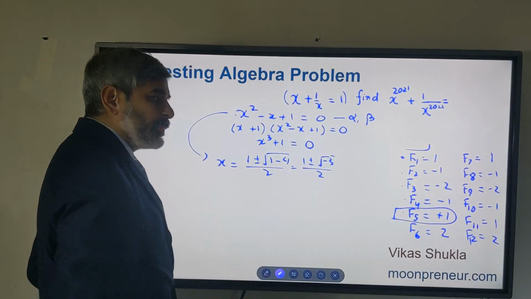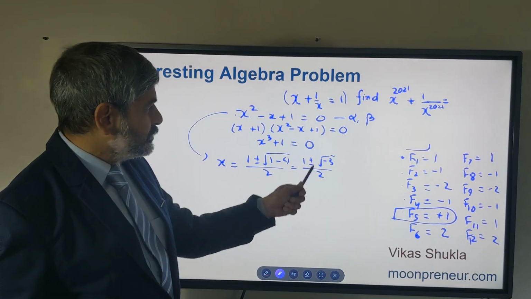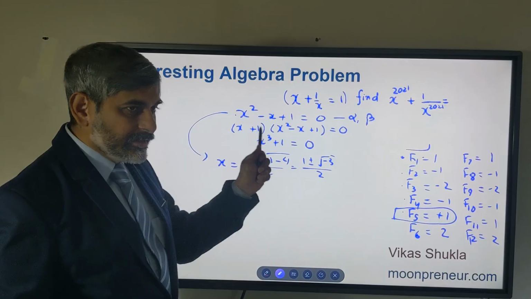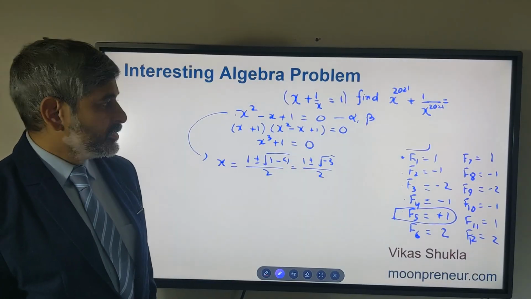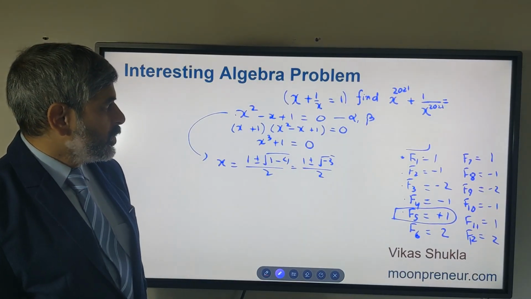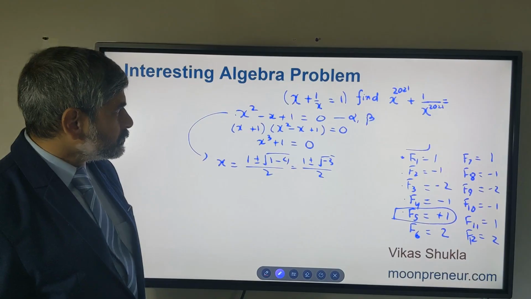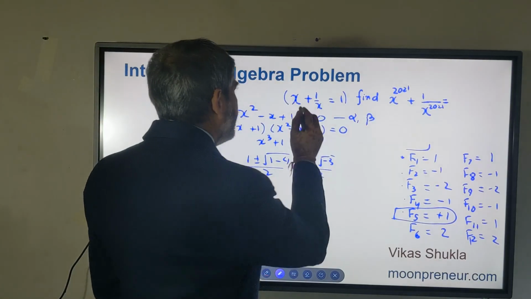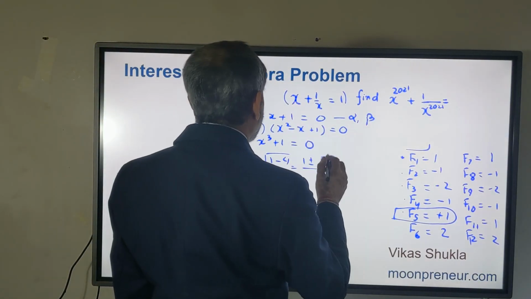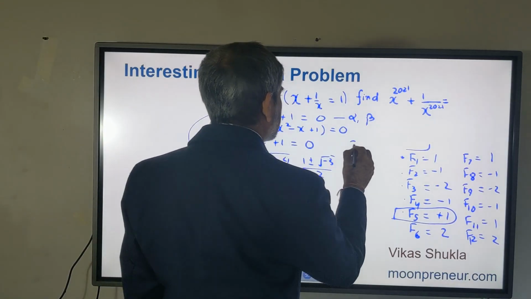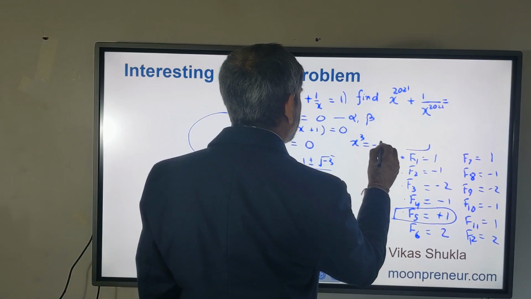Now if you fit in these two values in this equation, it will also be satisfied. So where do we go from here? Any root of this equation must satisfy x cube is equal to minus 1.